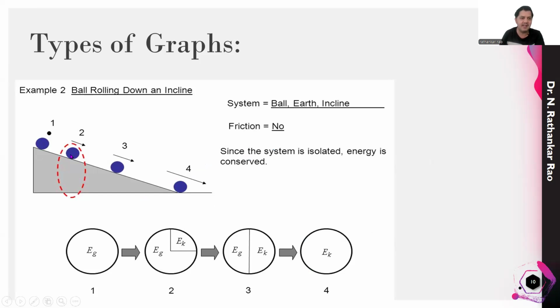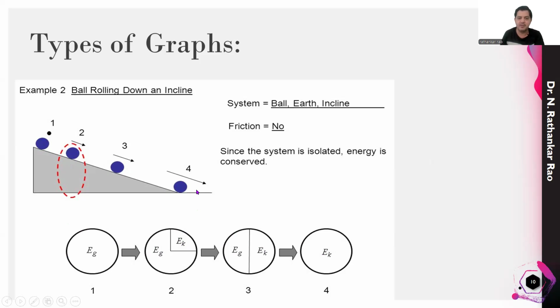As you see here, a ball is rolling down an incline, and the total energy here is gravitational, which is shown by a single circle. As the ball comes to the second position, 75% of this is seen to be gravitational potential energy, while 25% of it, one sector, is kinetic energy. And in the third position, 50% is gravitational, 50% is kinetic.